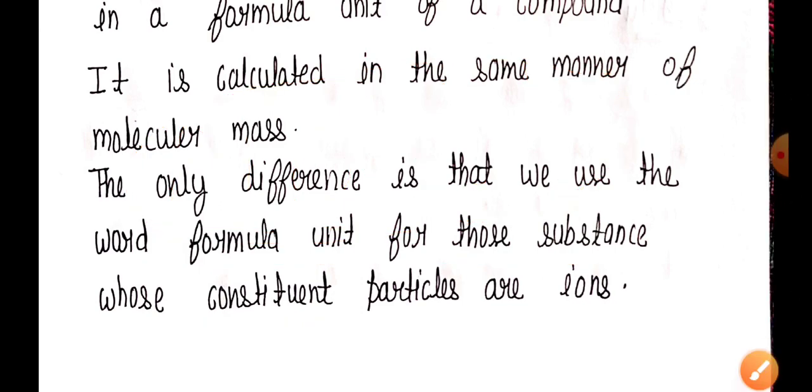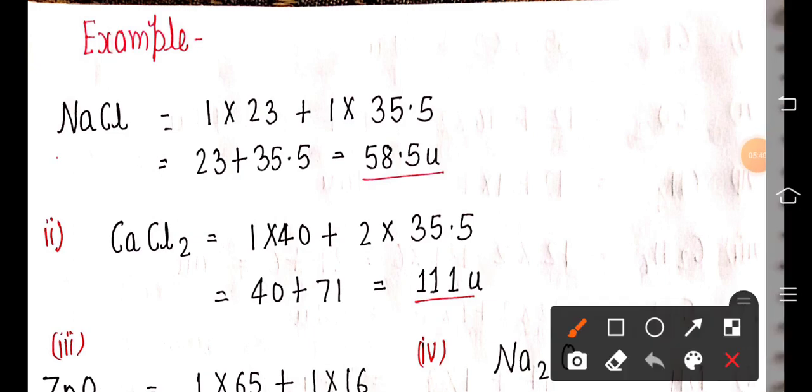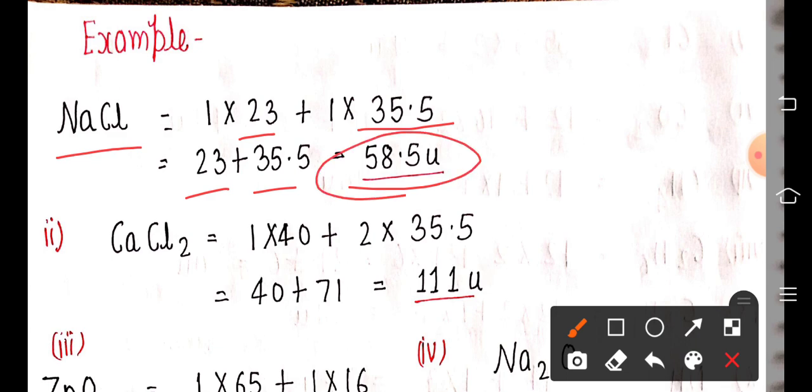Now we see examples of formula unit mass. First example of formula unit mass is NaCl, sodium chloride. Atomic mass of sodium is equal to 23 and chlorine is equal to 35.5. 23 plus 35.5 is equal to 58.5 unit is the formula unit mass of sodium chloride.